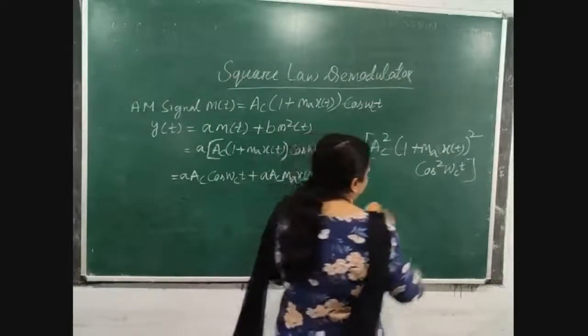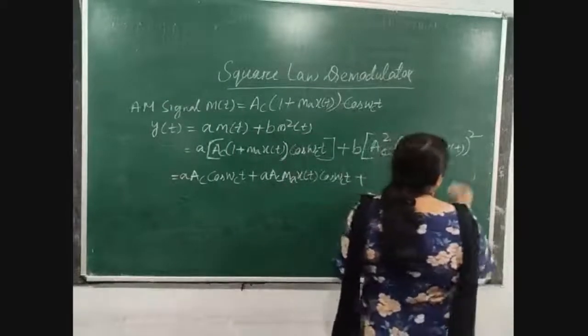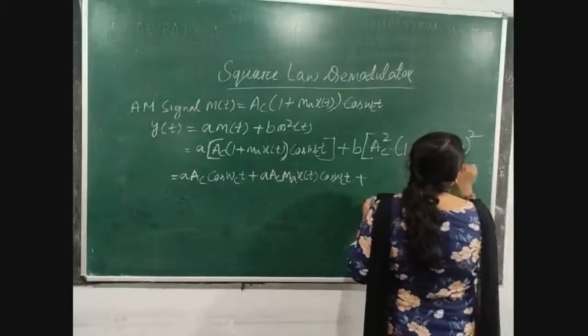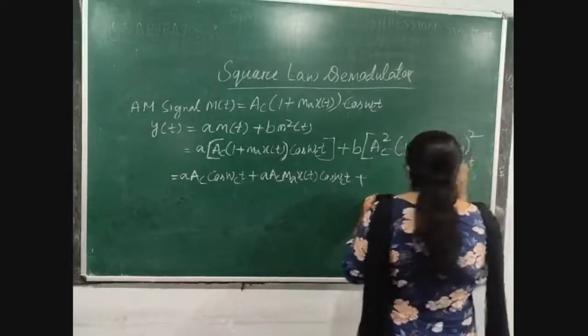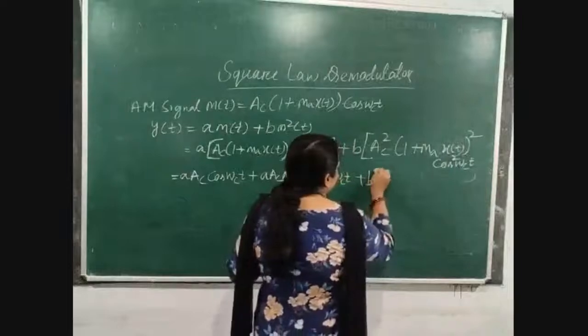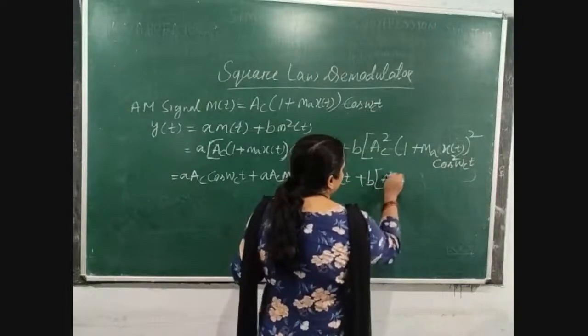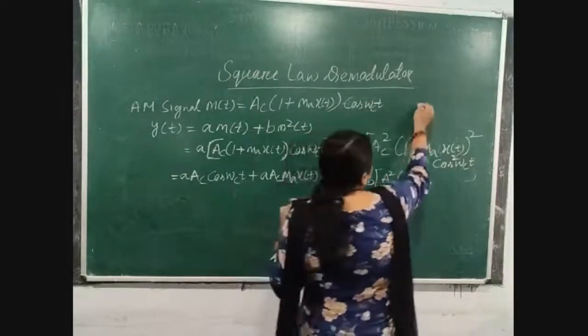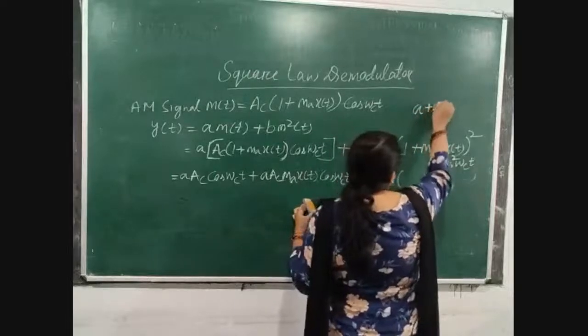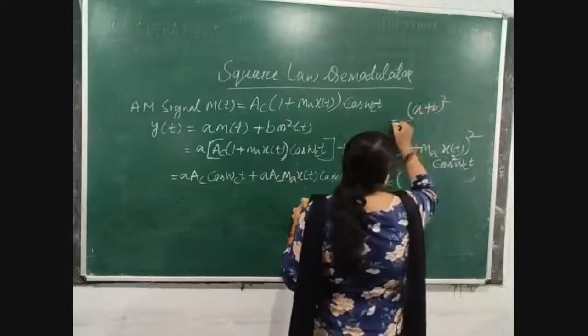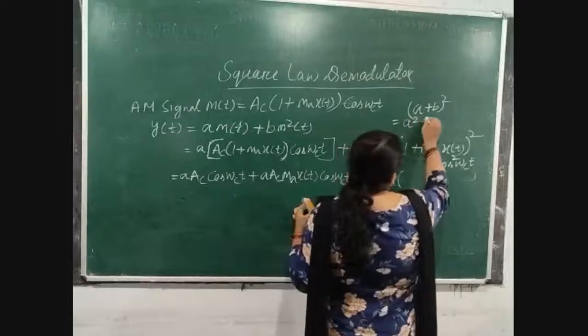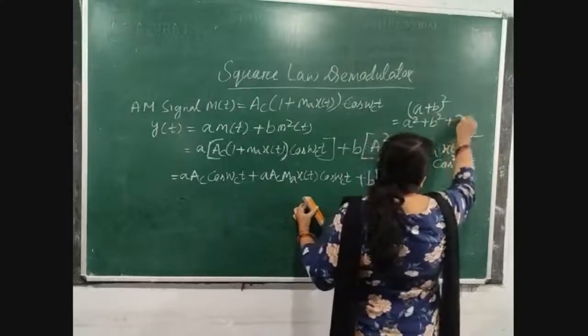Before that, we put the formula of a plus b whole square, that is a square plus b square plus 2ab.